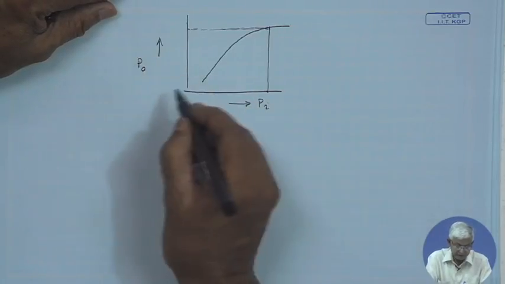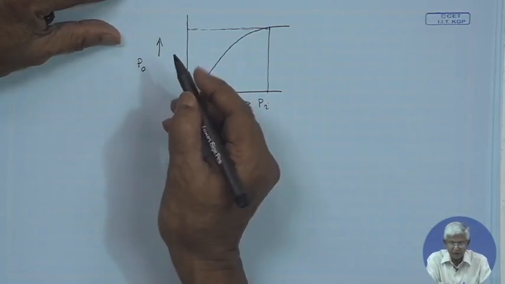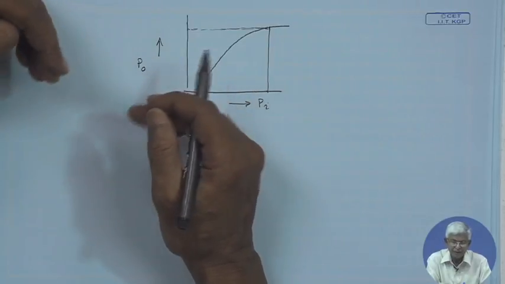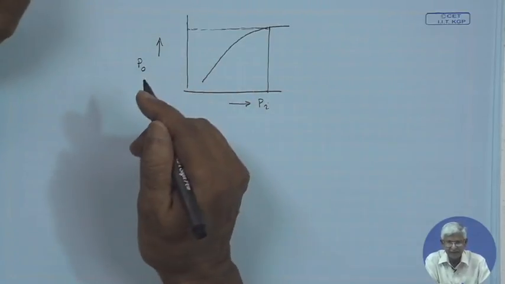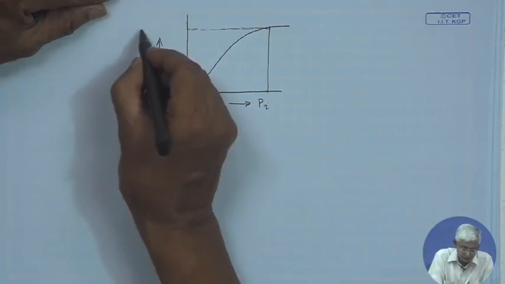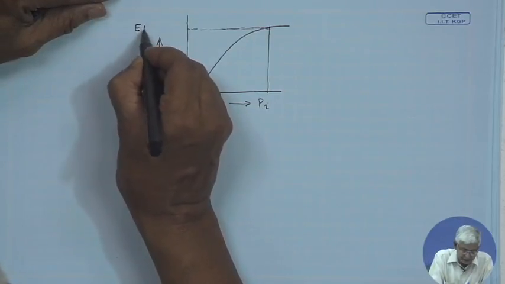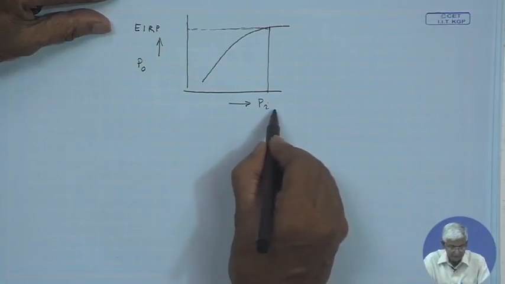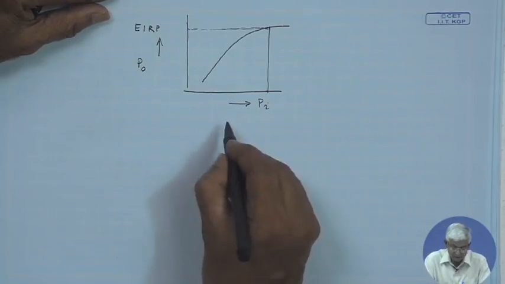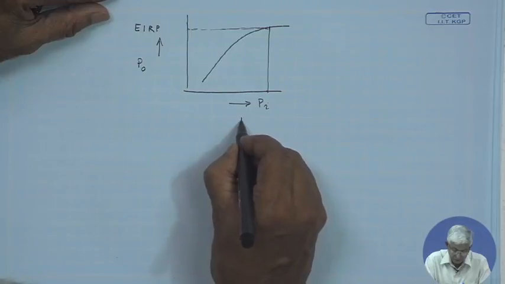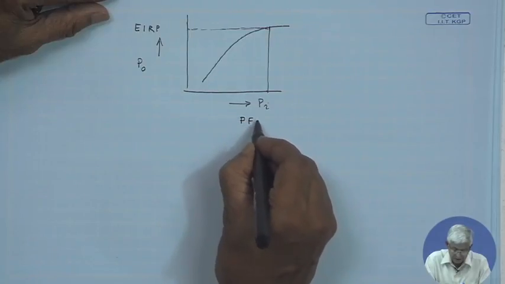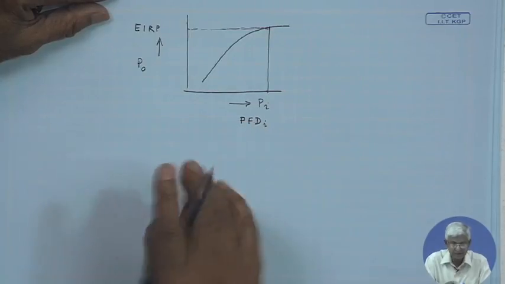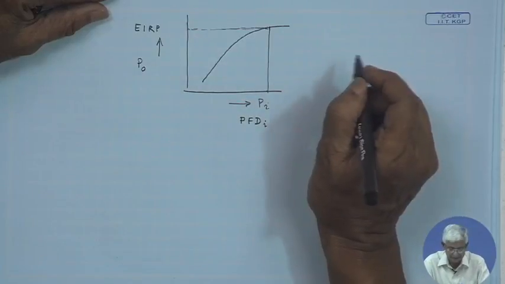We can correlate this, since output power from the satellite we have put along with the satellite transmitter antenna gain, so we can call it equivalent to EIRP, and for the input power we can put the power flux density coming as input to the satellite.